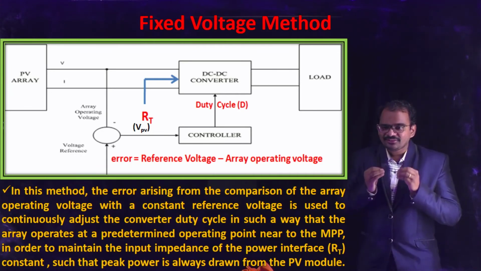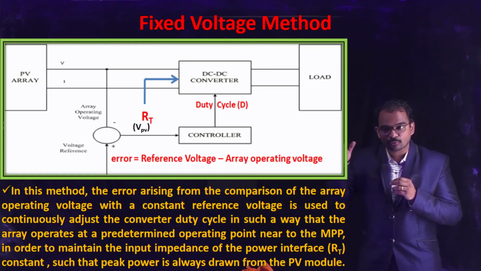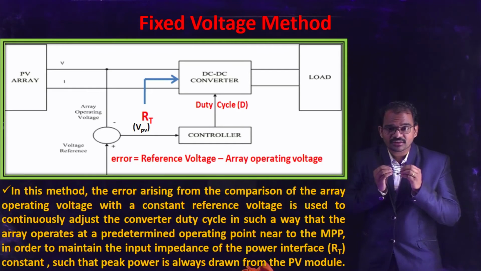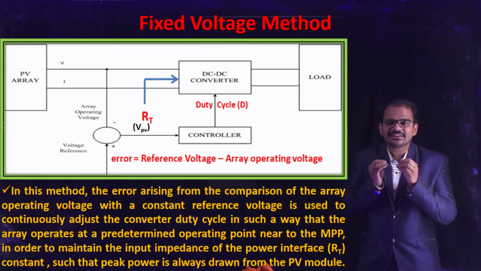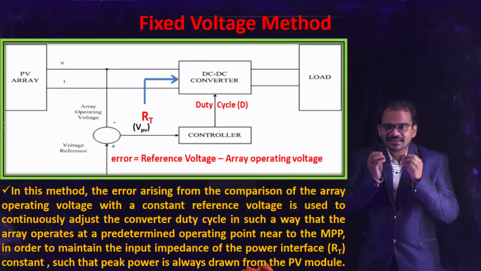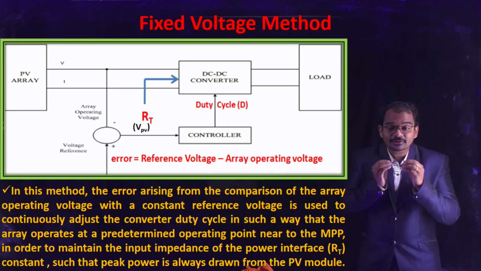So in this method, the error arising from the comparison of the array operating voltage with a constant reference voltage is used to continuously adjust the value of the duty cycle, that is the control input, in such a way that the array operates at a predetermined operating point near the maximum power point MPP.